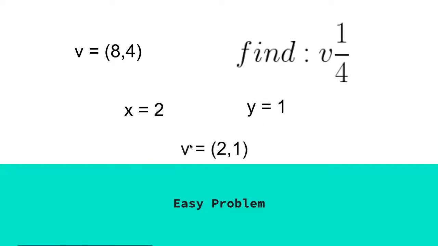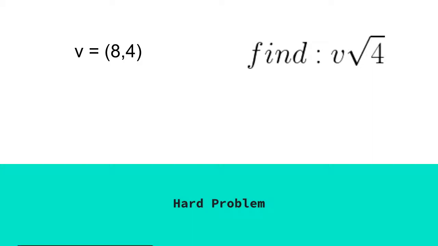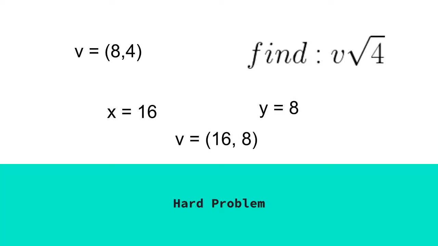So v equals 2, 1. Now for our hard problem, we'll stick with 8 and 4, and they want us to find v multiplied by √4. Well, you know that √4 reduces down to 2, so we'll be multiplying 8 times 2, which is 16, and then 4 times 2, which is 8. So our answer would be v equals 16, 8.